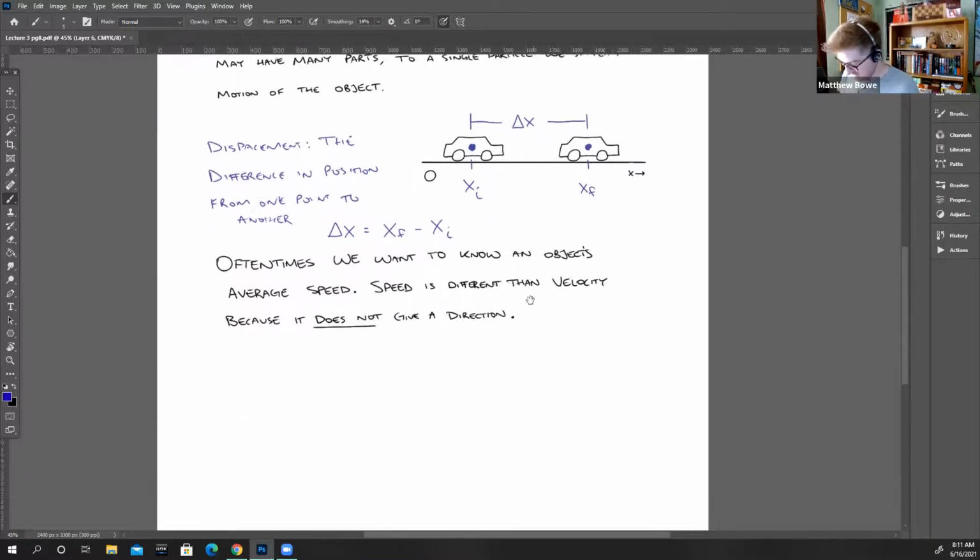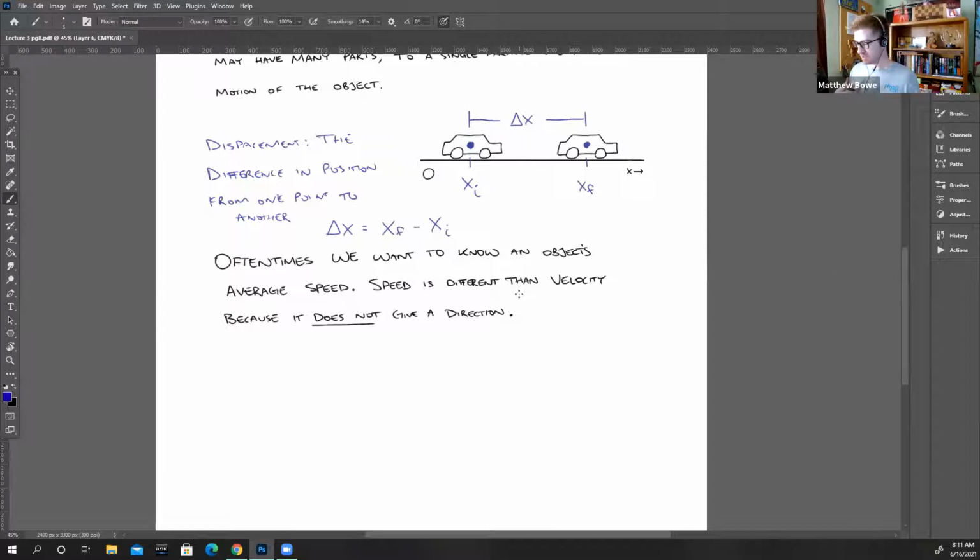Speed is sort of just a positive value. Speed is just measuring how much distance you go and how long it takes you to cover that distance. So we'll say average speed is total distance over total time.